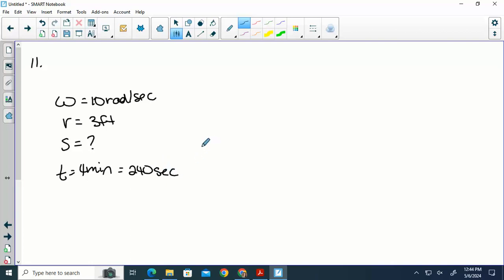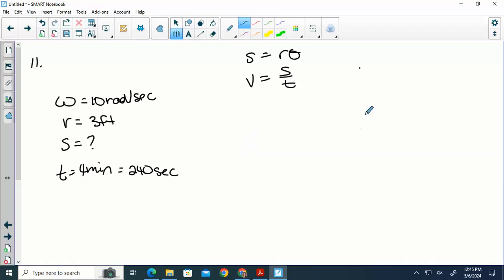So now if we're looking for S, our formulas, we have V equals R omega. Sorry, I'm looking for S formulas first. Let's start there. S equals R theta, but we don't have theta. We can do V equals S over T, but we don't have V. So that tells me I'm going to have to use more than one formula.